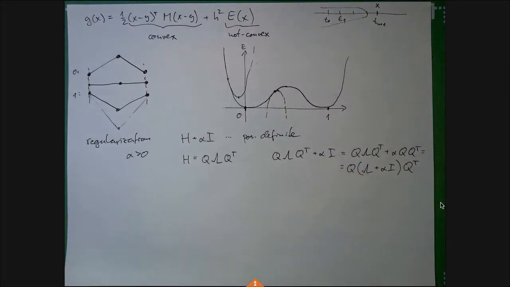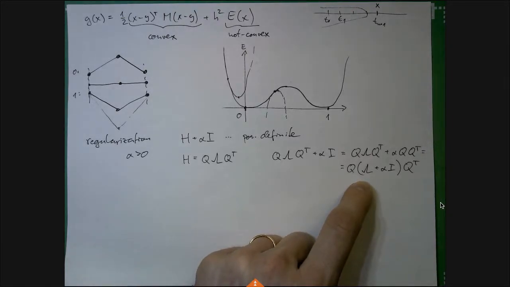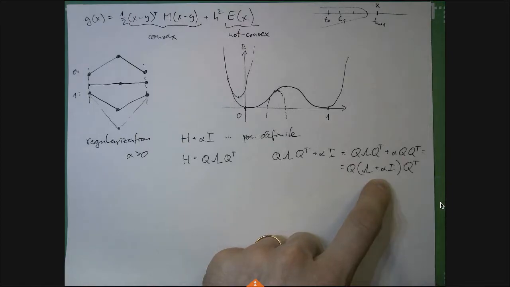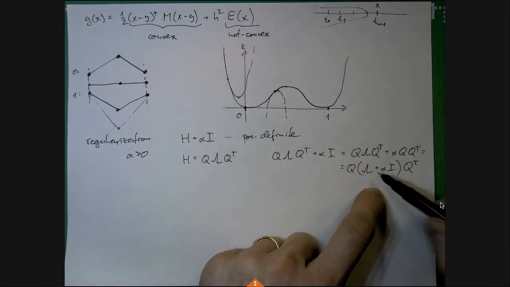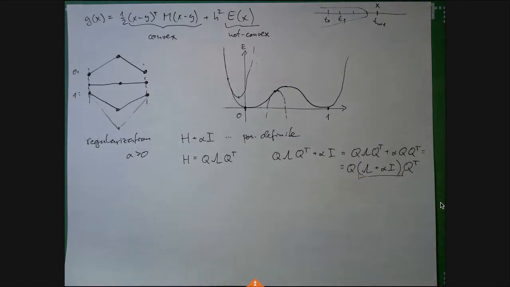So all you need to do, if you do this in MATLAB or something, the eigenvalues typically come ordered, so the last one is the most negative eigenvalue. You just pick the most negative eigenvalue and pick alpha larger than its magnitude. If you do that, you are guaranteed that all these are positive and your matrix is positive definite.